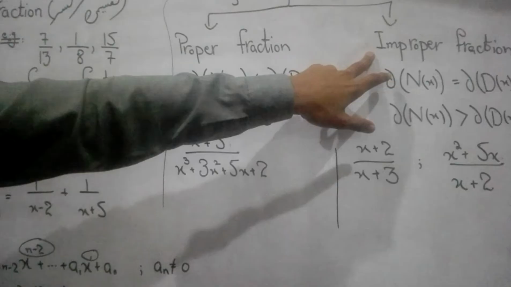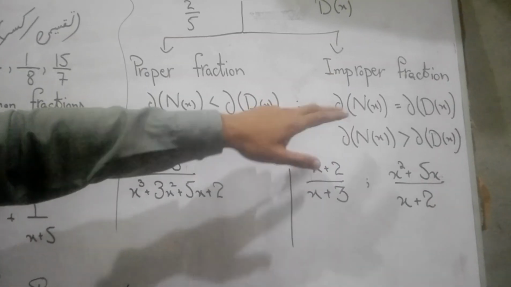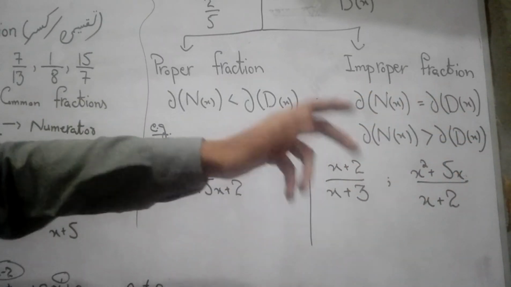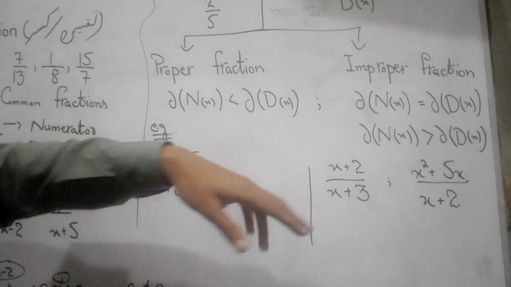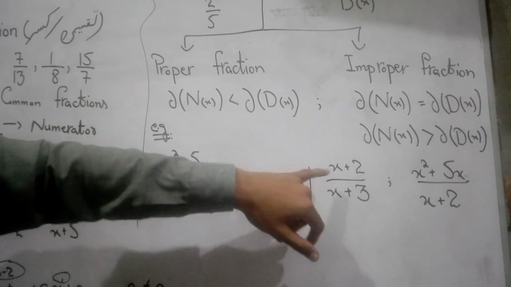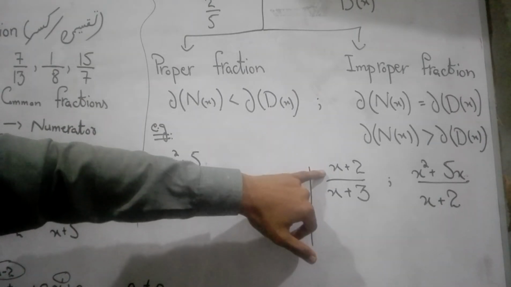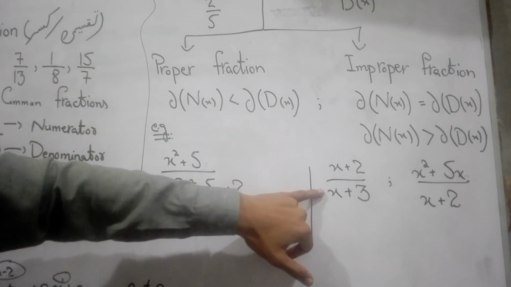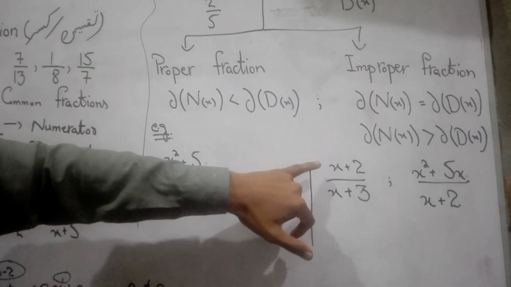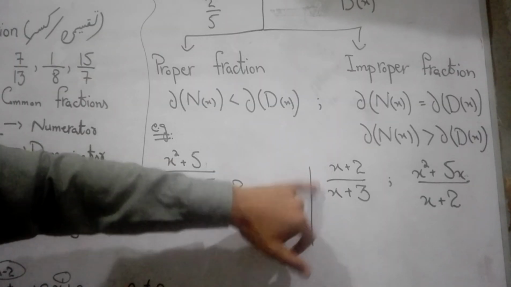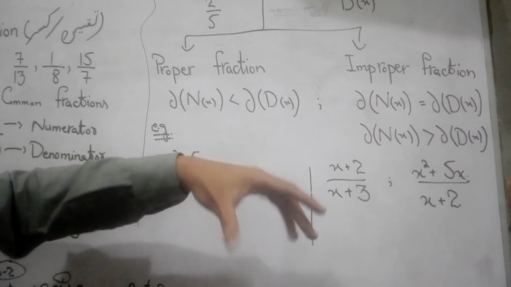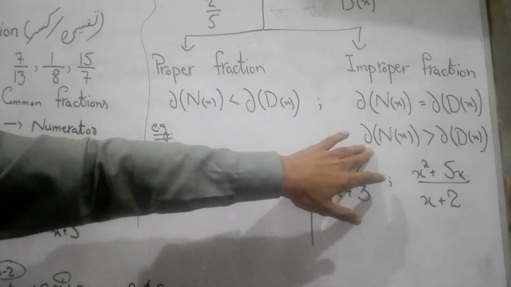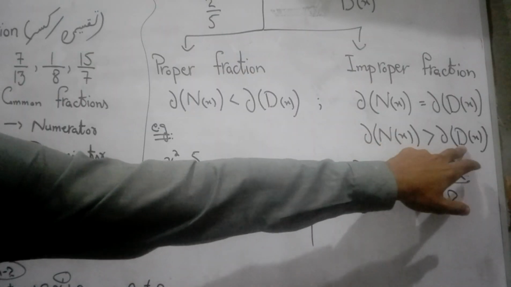When we talk about the improper fraction, there are two conditions. Number one is that the degree of the numerator is equal to the degree of the denominator. For example, x plus 2 over x plus 3: the degree of x is 1 in the numerator, and in the denominator the degree of x is also 1. So the numerator and denominator have the same degree, so this is an improper fraction. The other condition is that the degree of the numerator is greater than the degree of the denominator.